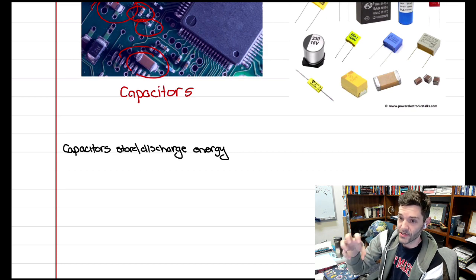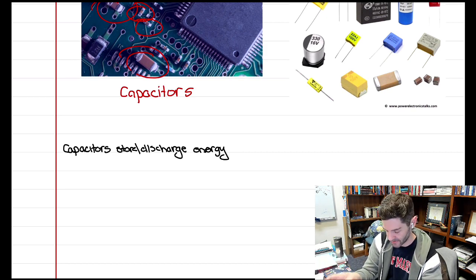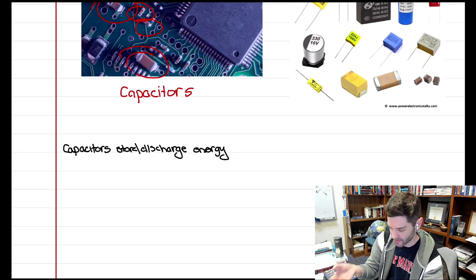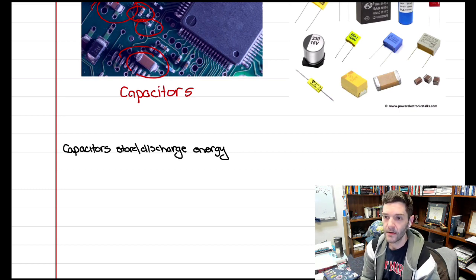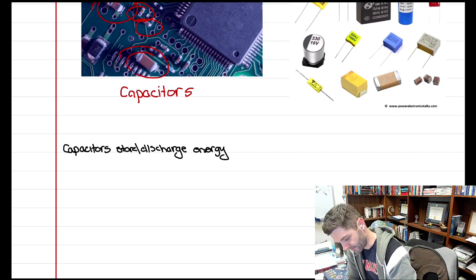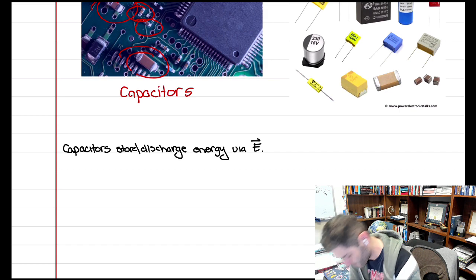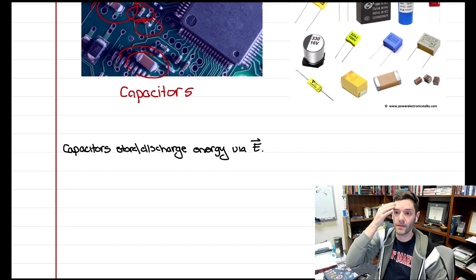Store and discharge energy, how? How is that energy being stored? In a battery, it's essentially chemical potential energy that is stored. That is where all that energy is stored. In a capacitor, this is all being done with electric fields. The capacitor stores and discharges energy via electric fields.